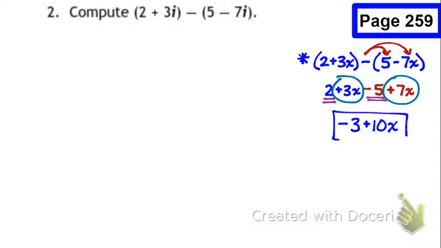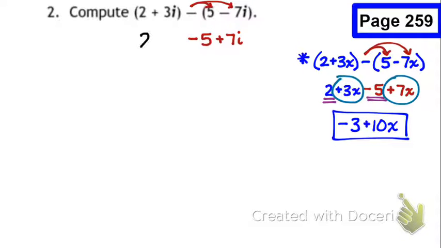That is the exact same process that I'm going to follow over here when it has the i's with it. What's the first thing we did when it had the x's? Distributed the negative. Let's do that here. I'm going to distribute my negative. What would that give me? Negative 5 and a positive 7i.